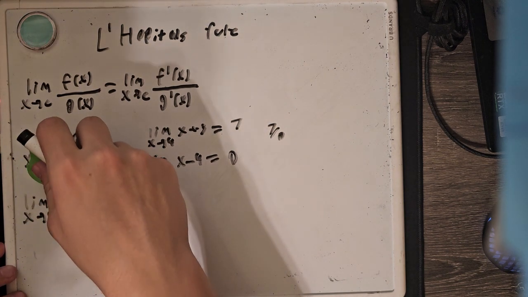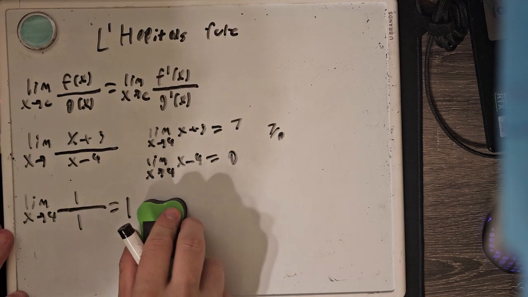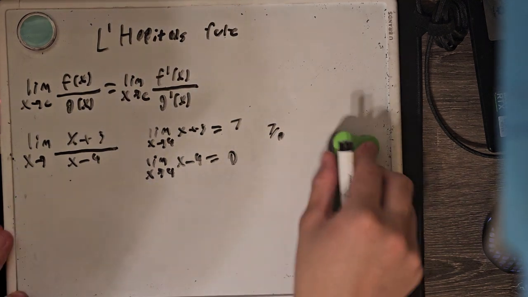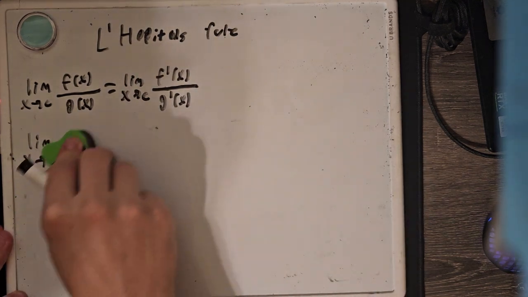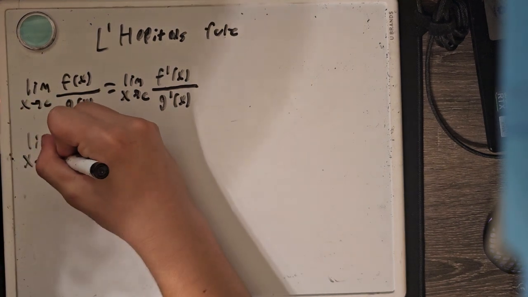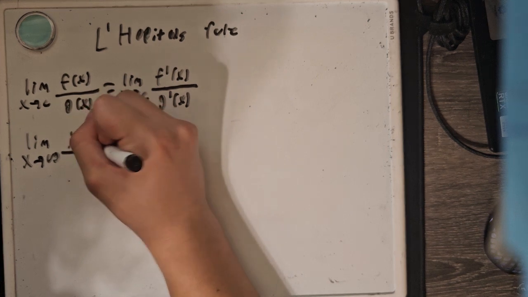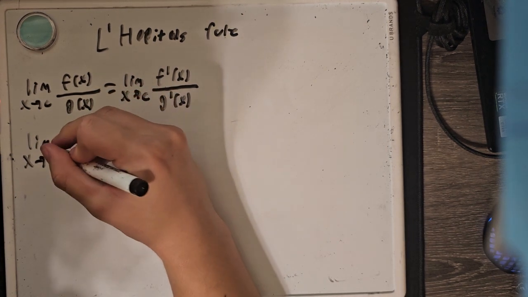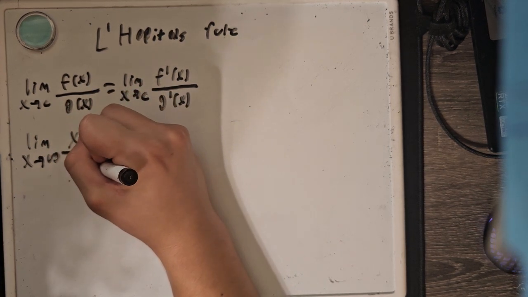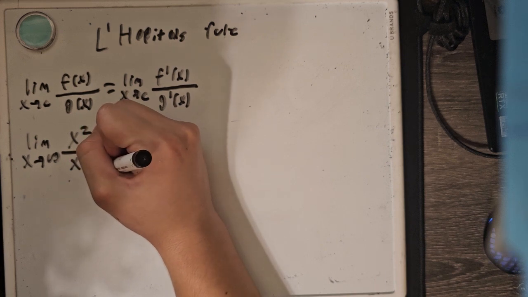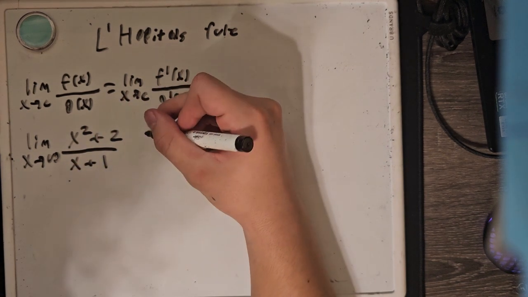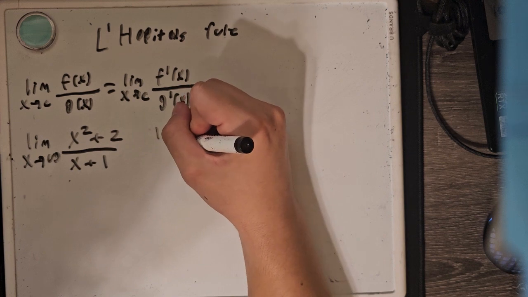For example, let's say the limit as x approaches infinity of x squared plus 2 over x plus 1. Now, both of these would go to infinity, right?